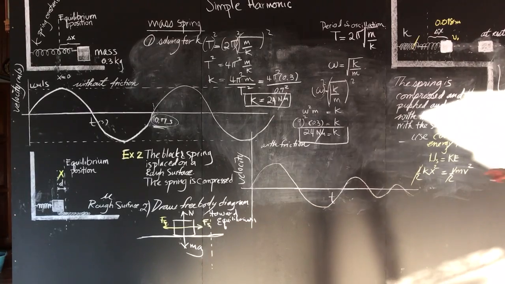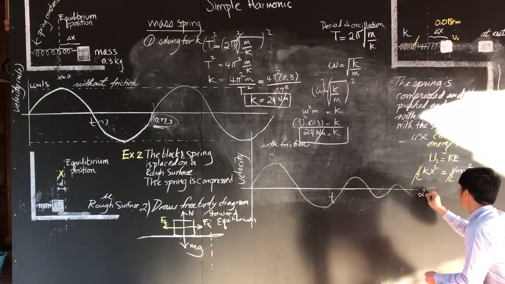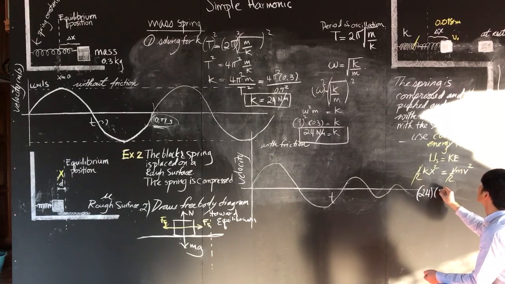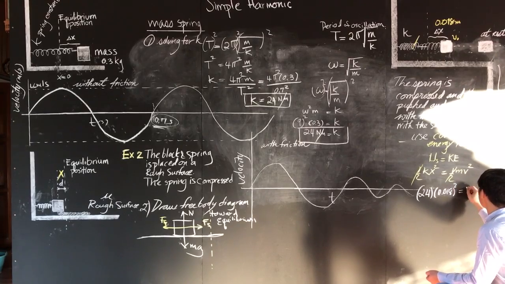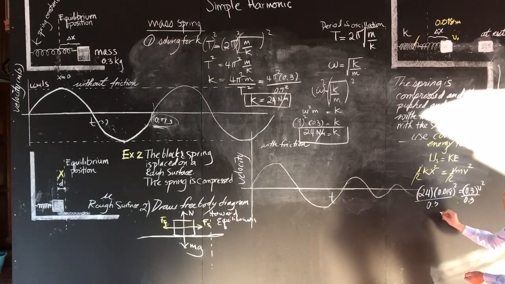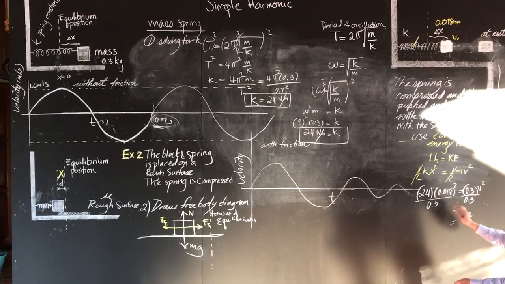So now you know what K is. 24. What is our x squared, which is just 0.018 squared. Mass is 0.3. And this is v squared. So basically, I'm doing this to solve for v squared.